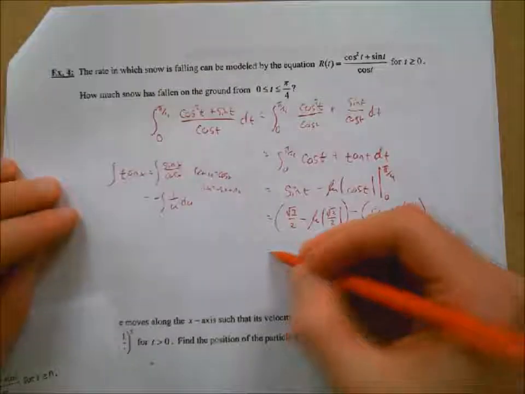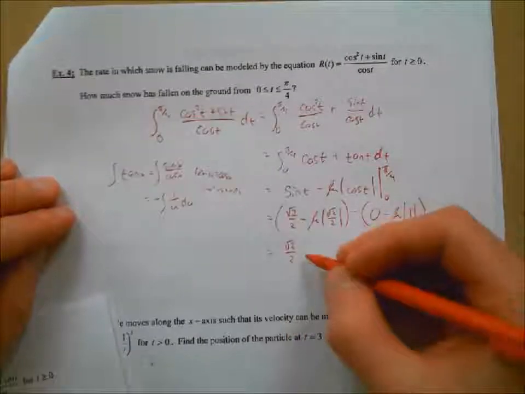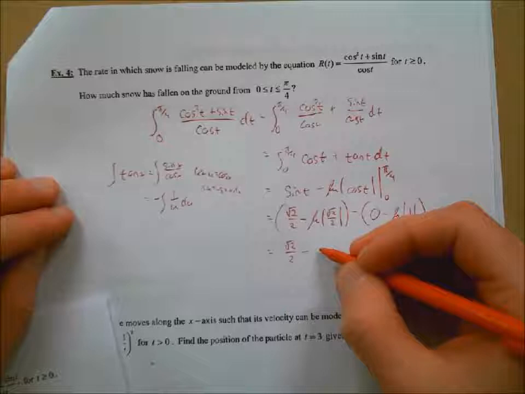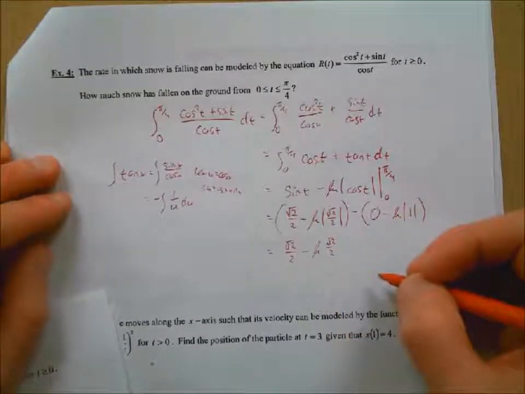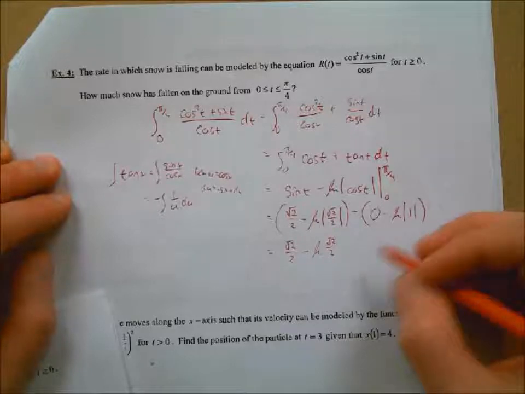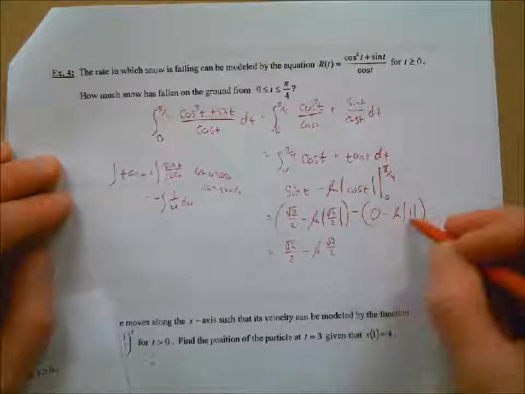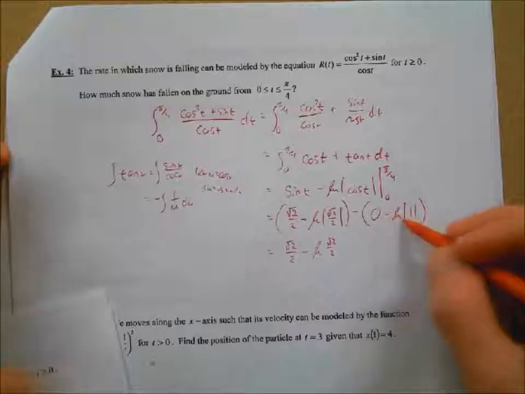So we end up with root 2 over 2 minus natural log of root 2 over 2. And that's it, because natural log of 1 is 0, 0 minus 0, so it's just going to be that.